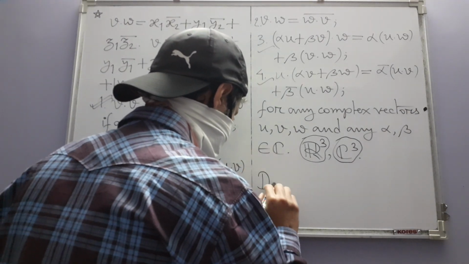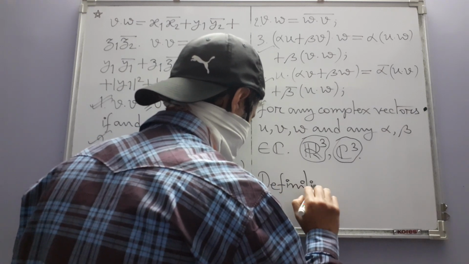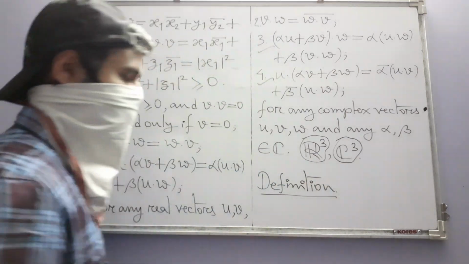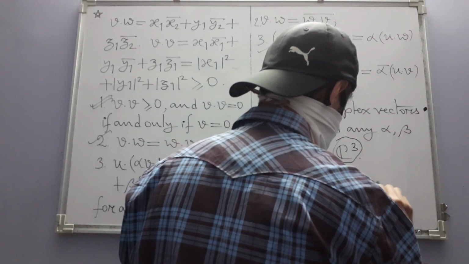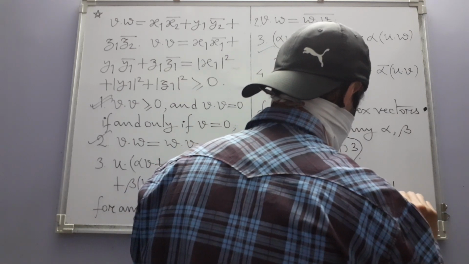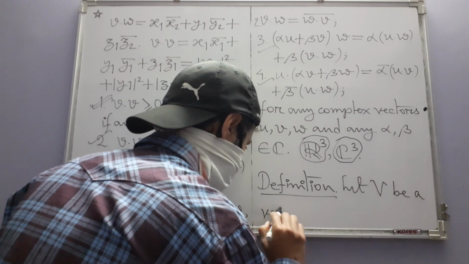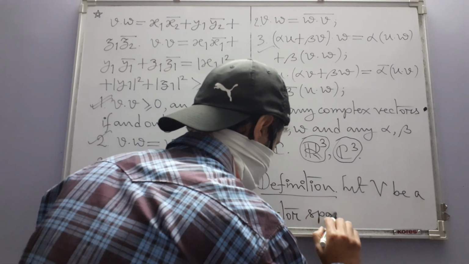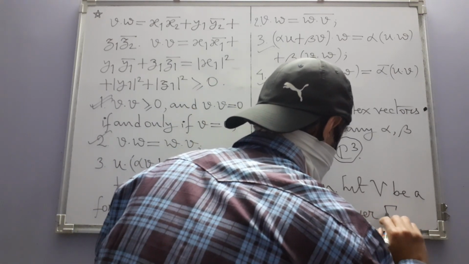So now we are going to write the definition down, and then we will see what it means and what its consequences are. Let V be a vector space over F.